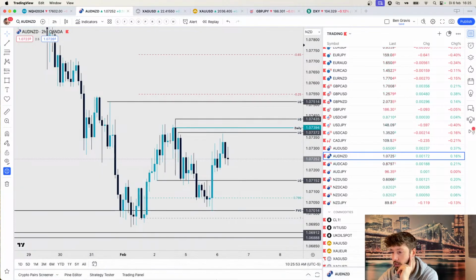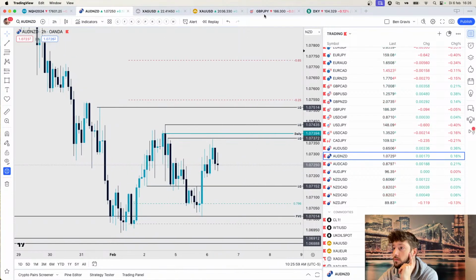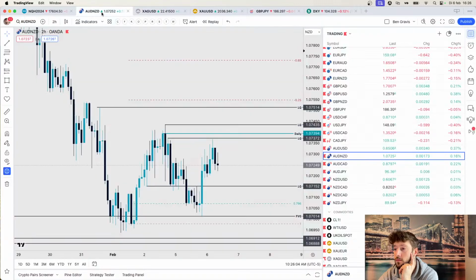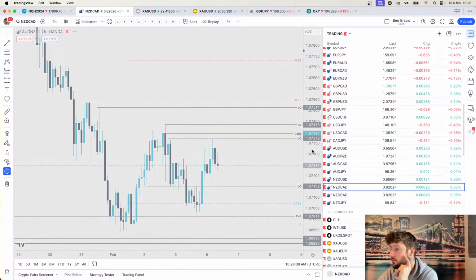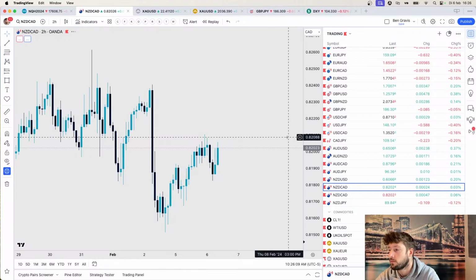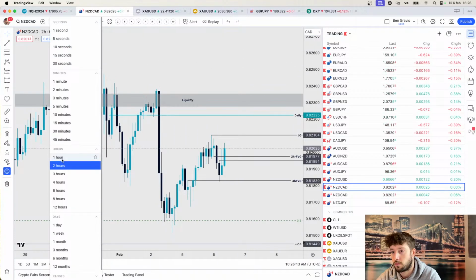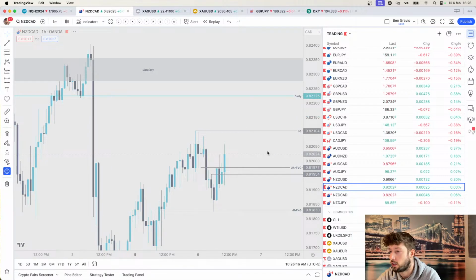I'm not really seeing many setups at the moment, except for this one, but then I need an entry on a lower time frame too.